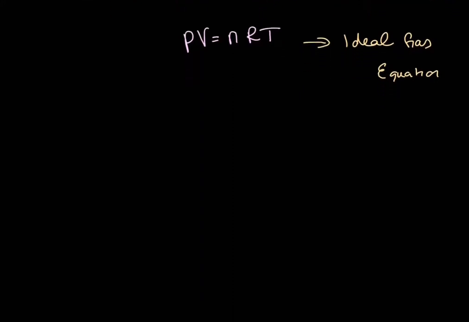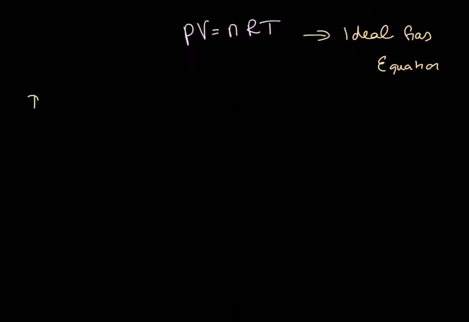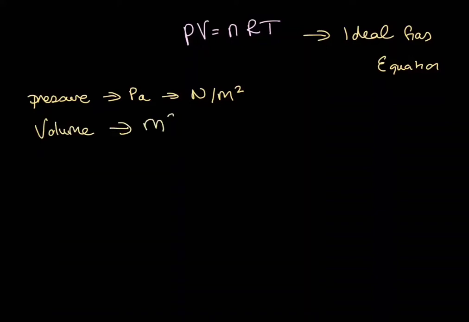Okay, to use this equation, our pressure must be in the unit of pascals, which we know to be the Newton meters squared. Our volume must be in meters cubed because our pressure is in meters as well. So we need to keep the same units.